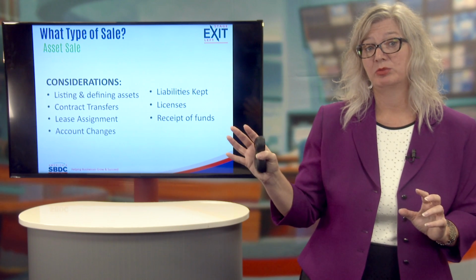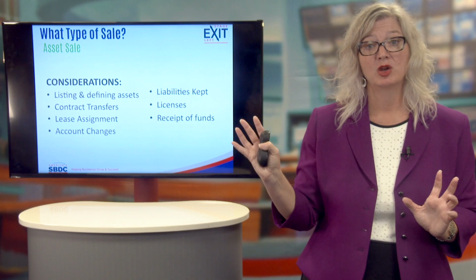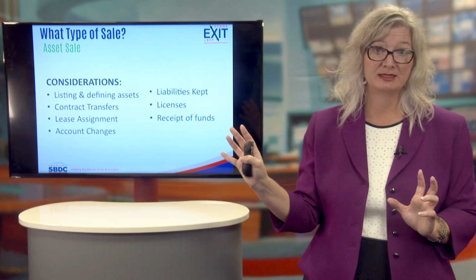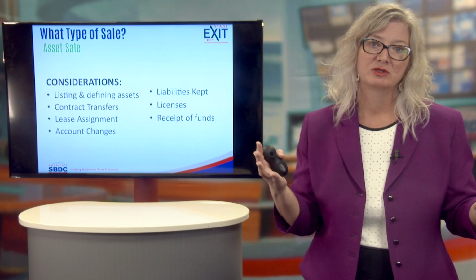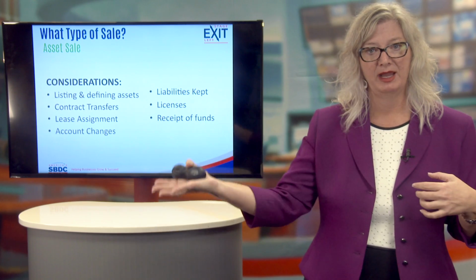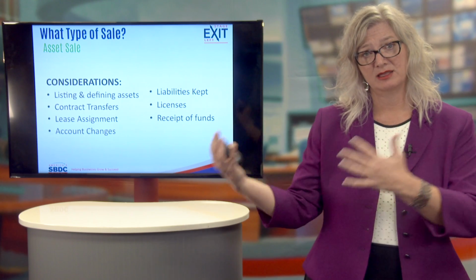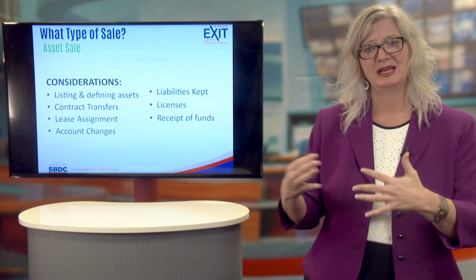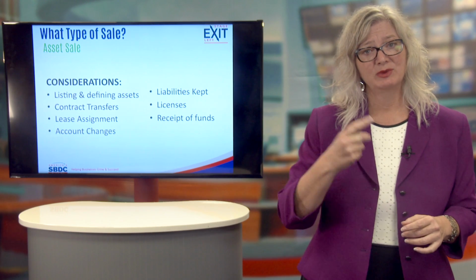Sometimes the buyer has to apply for the licenses separately and independently. They have to apply and be able to qualify and stand on their own and get their own licenses. And then once the sale happens, the seller just terminates their license and the buyer continues on with their own. But sometimes those licenses can be transferred, and depending on what type of license it is, determines how easy that is.